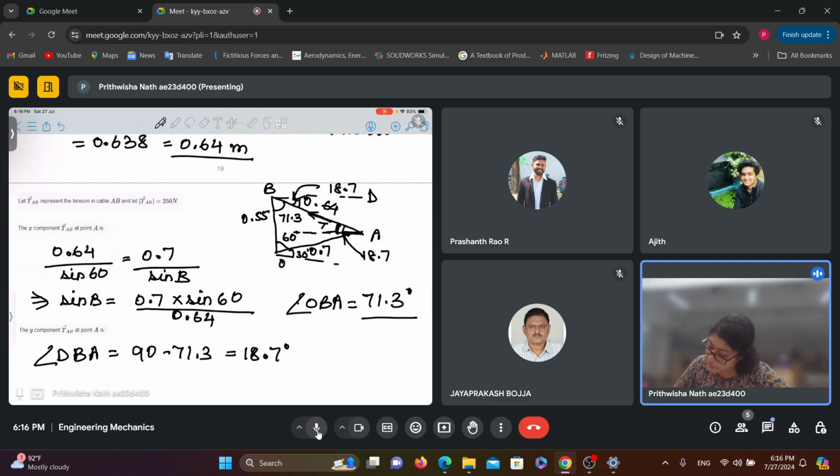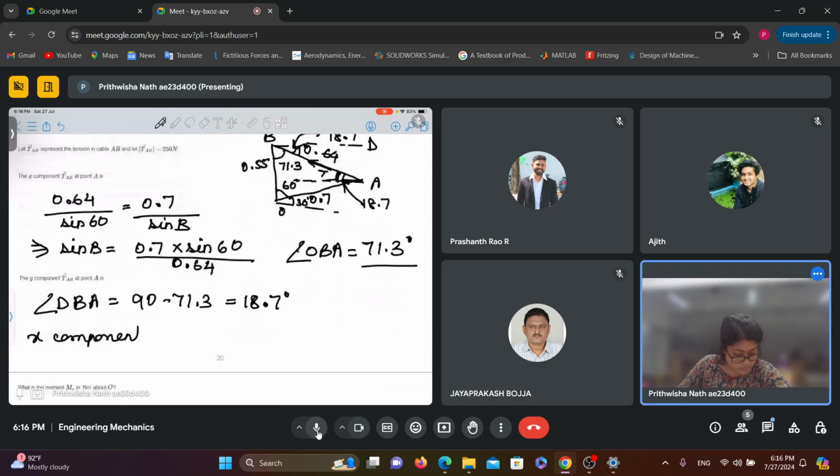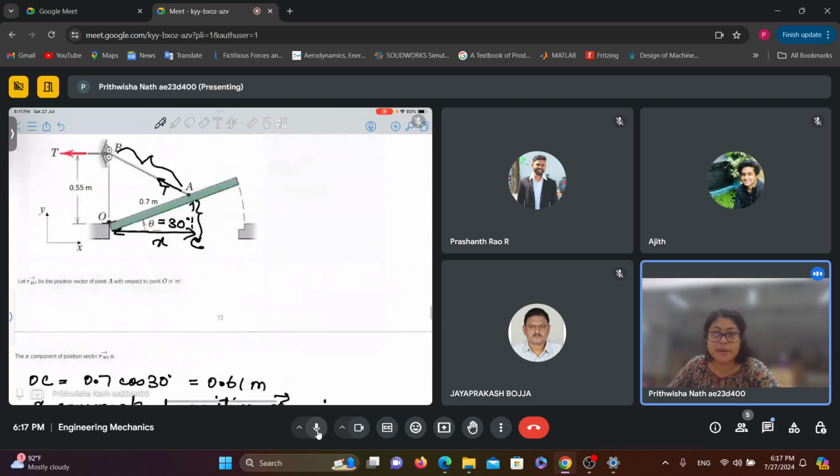Now the x component of tension will be... tension is acting in the negative direction of x, right? The x component of tension is acting in the negative direction of x. So there should be a minus sign.